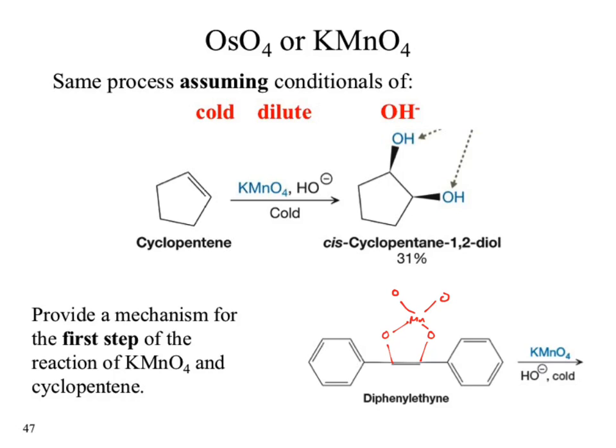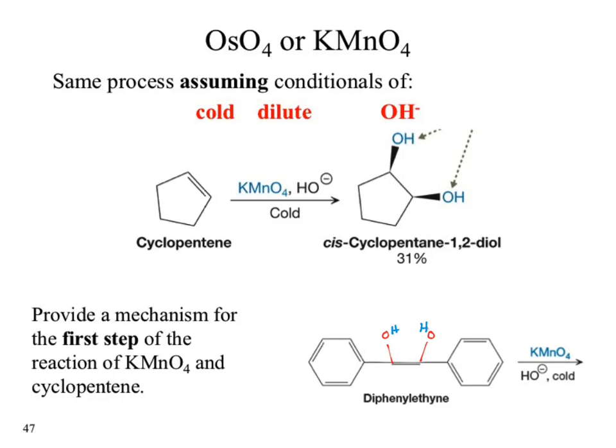Notice I'm not even concerned about the double bonds in there. It's not super relevant within the oxygen structure. Now what happens? Well, we can cleave the permanganate off and we'd end up with the syn diol.